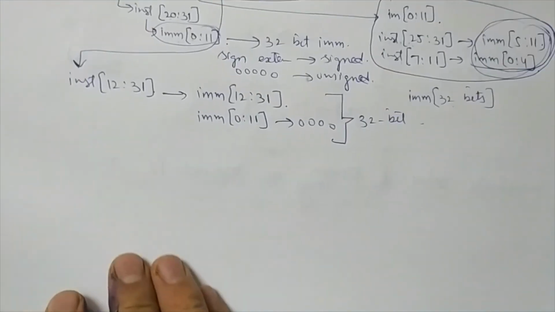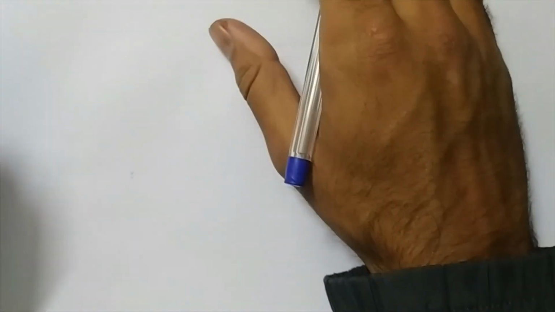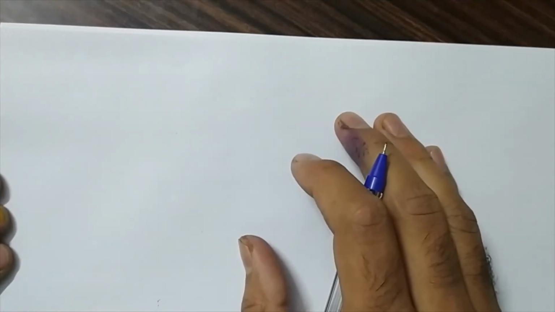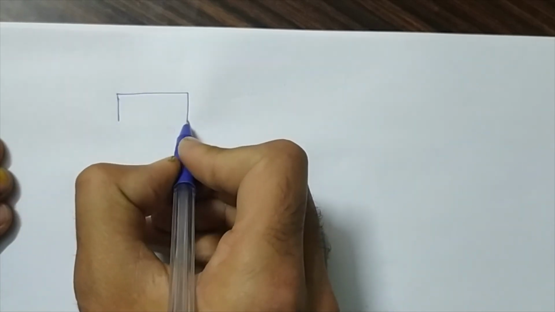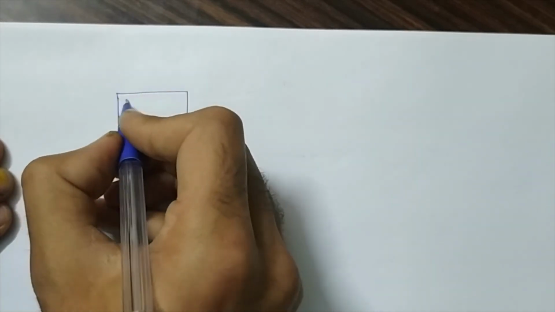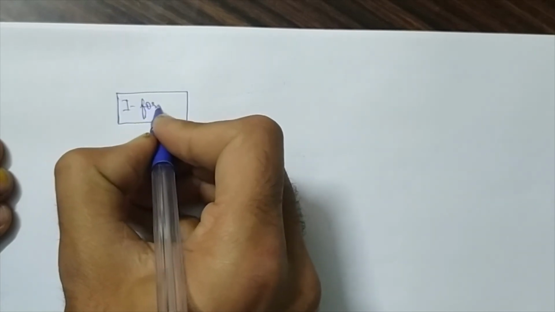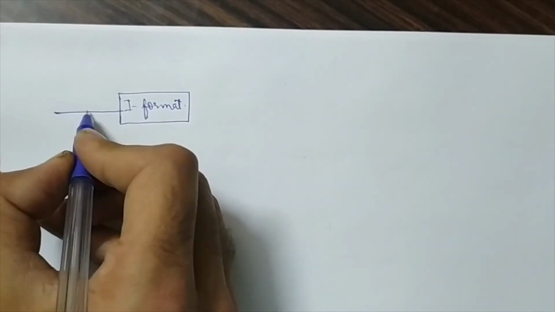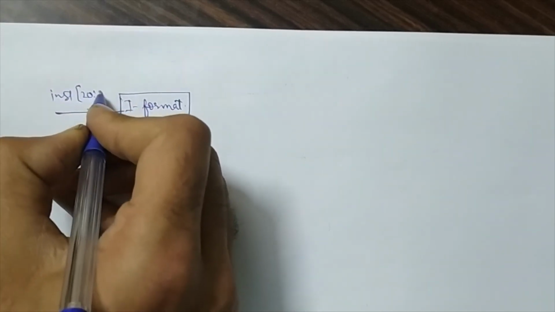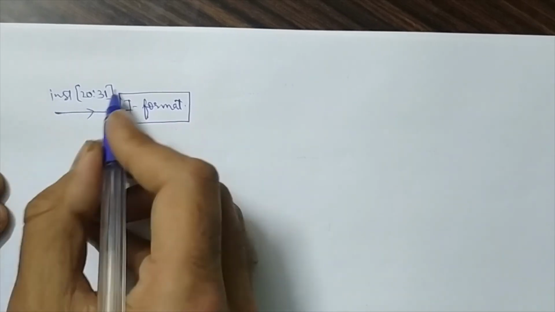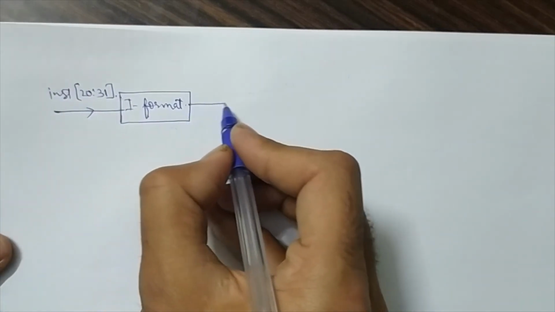So we will make a circuit for calculating the immediate. We will say that we have a logic like this. We have an I format block: for I format instructions, we will give instruction bits 20 to 31 as input, and it will calculate the immediate.